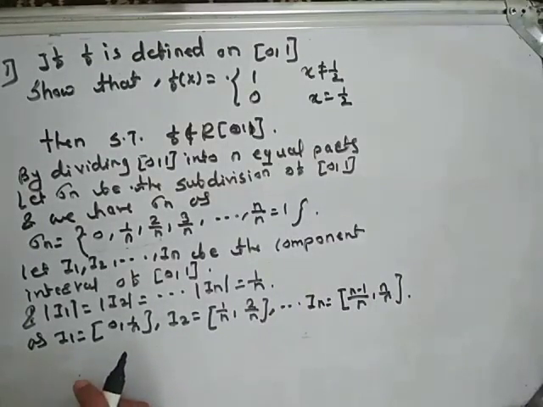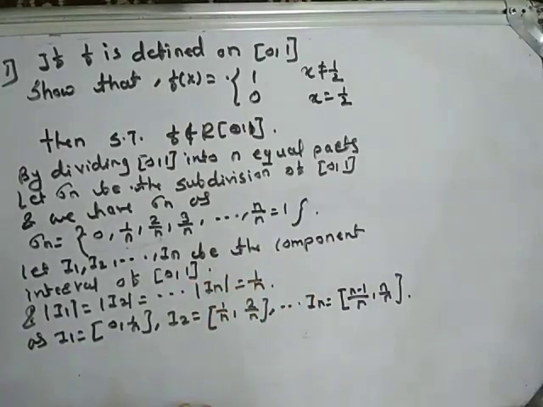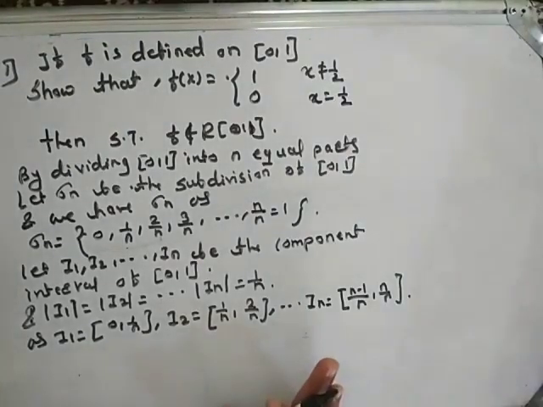Now here we have to show that f is not Riemann integrable on closed interval [0, 1]. For that we will show that the upper integral is not equal to the lower integral. To calculate the upper integral we have to calculate U(f, sigma), and to calculate the lower integral we have to calculate the lower sum.